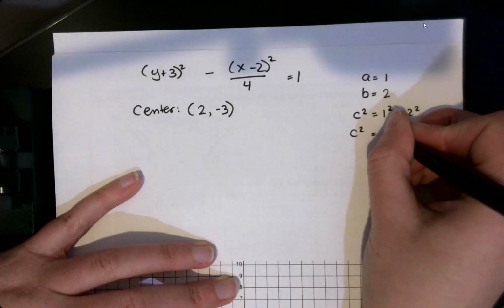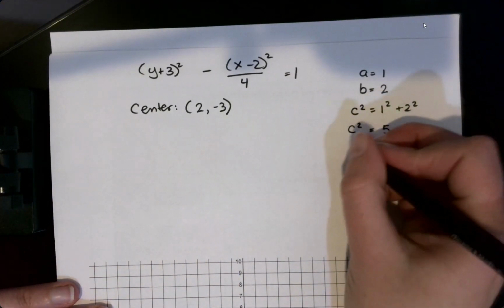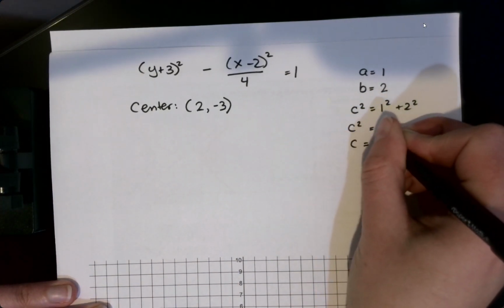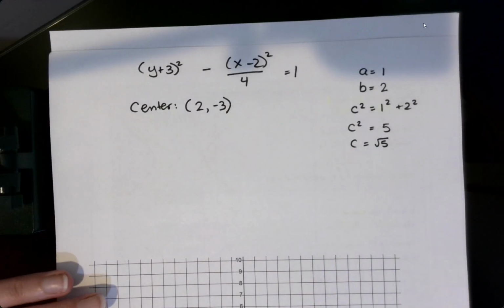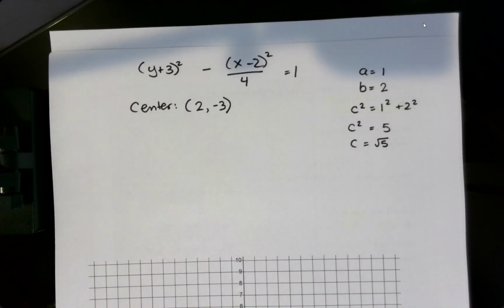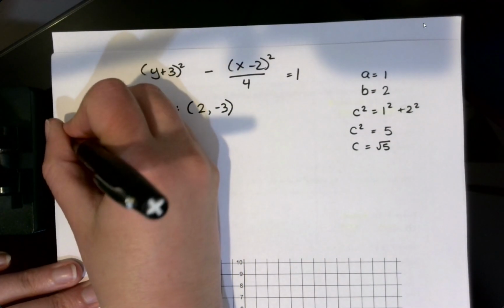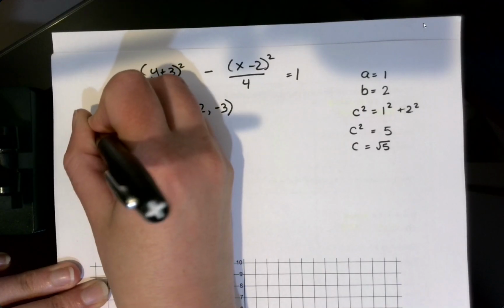C squared would be equal to 5. So C is the square root of 5. Okay, I can use that to write down the rest of my information. I know that I'm going to have a vertical transverse axis.